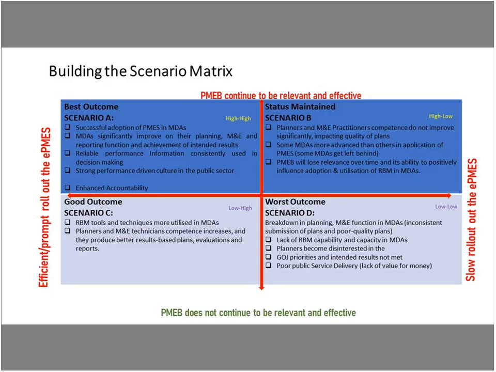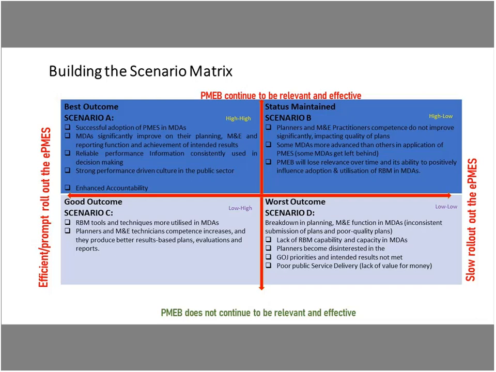And in creating these scenarios, we have constructed a matrix. In developing your scenario, you have to identify 2 of the 4 driving forces that I just identified. So we identified the continued relevance and effectiveness of the PMEB and the prompt and efficient rollout of the EPMS.